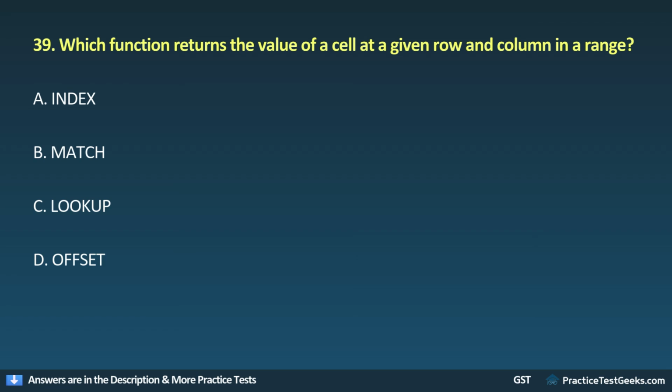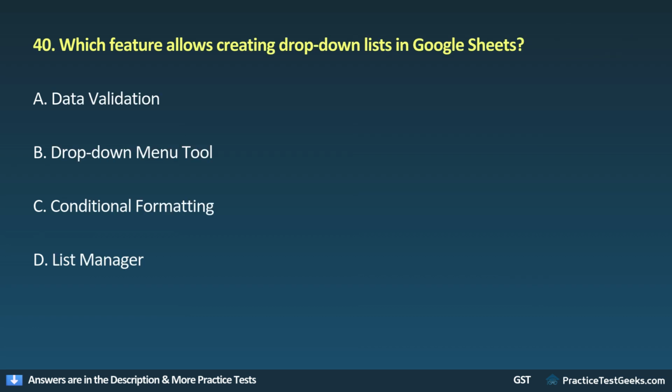A. Index. B. Match. C. Lookup. D. Offset. 40. Which feature allows creating drop-down lists in Google Sheets? A. Data validation. B. Drop-down menu tool. C. Conditional formatting. D. List manager.